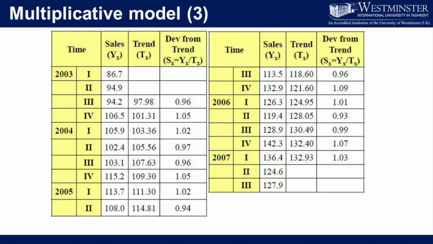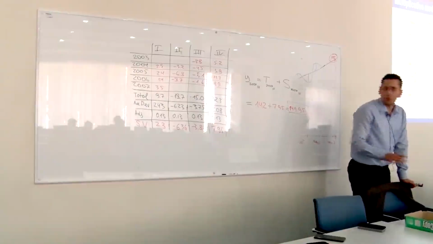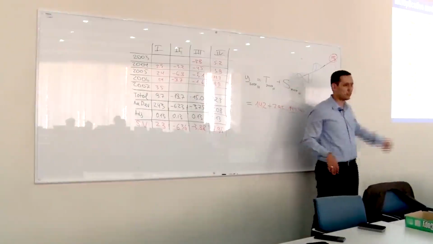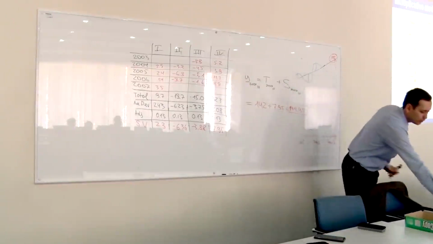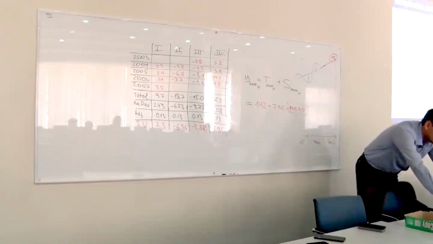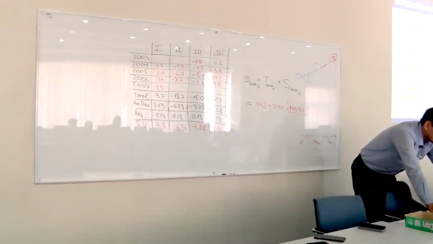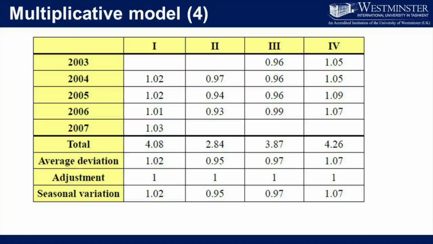All right? They are all close to 1, and none of them are negative. Okay? And the next step would be you put these numbers into the seasonal variation table, just like this, and find the total, find the average deviation, find the adjustment by finding the average of averages.